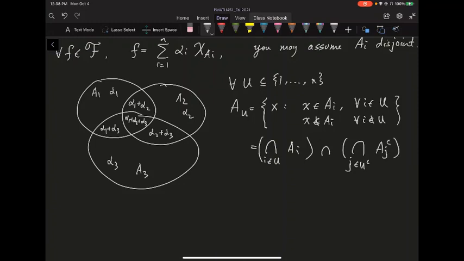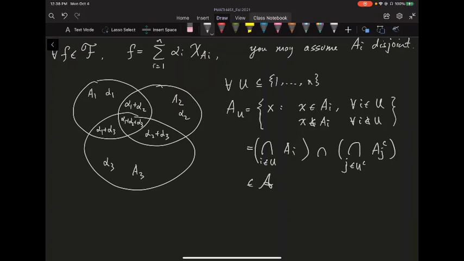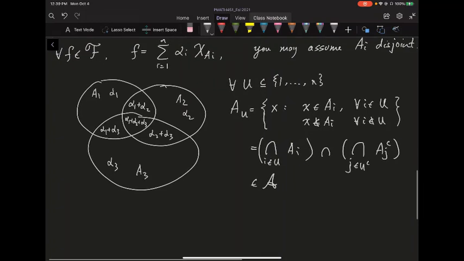Because A is an algebra, each of these A i and A j complement is in the algebra, and so is their intersection. This is a finite collection. So this A sub U is in A.